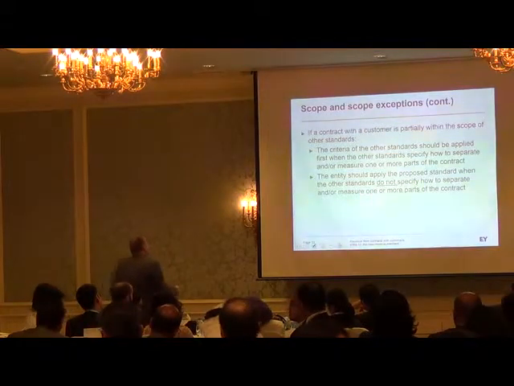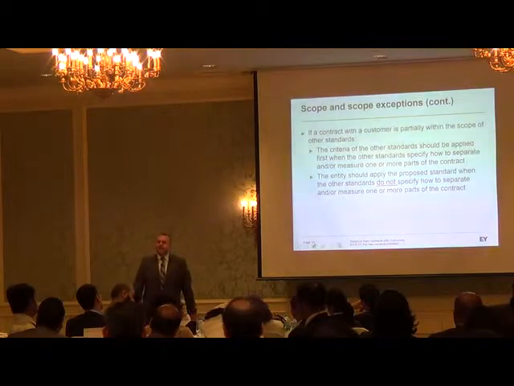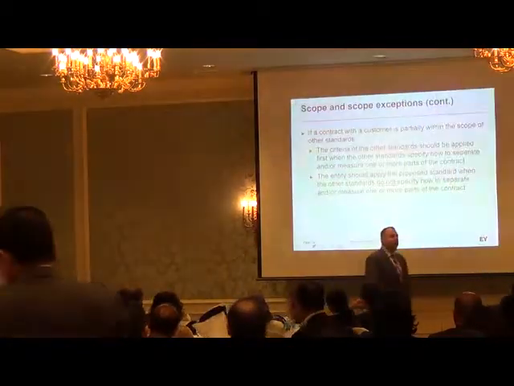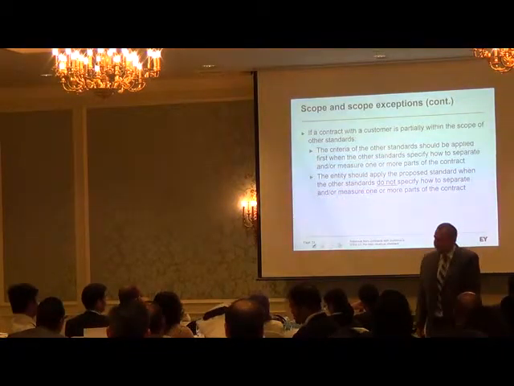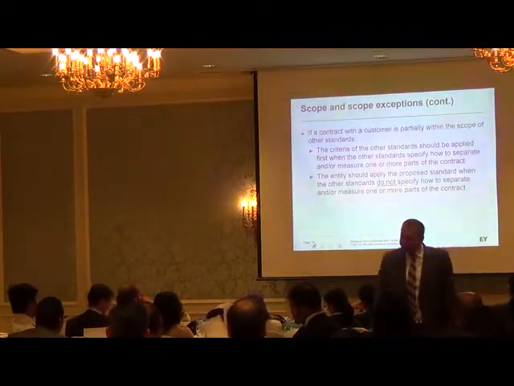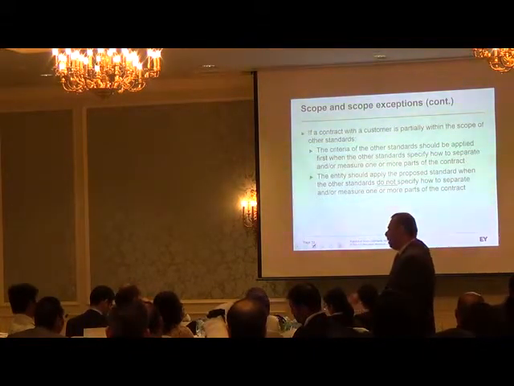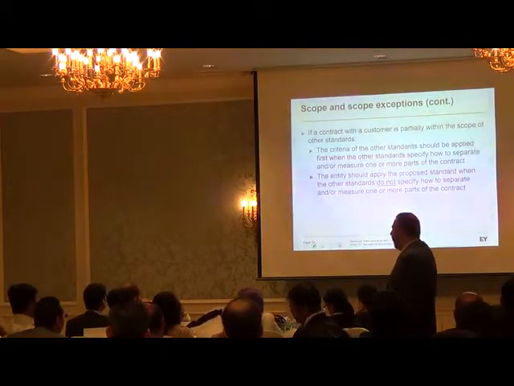Now, a contract with a customer is partly within the scope of other standards. This is the situation when you have a contract where half of it is a financial instrument, half of it is not. What are you going to do? Which standard will apply? Please remember this rule, because it is important and can come up very often.